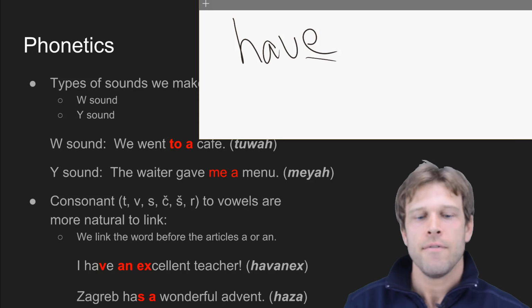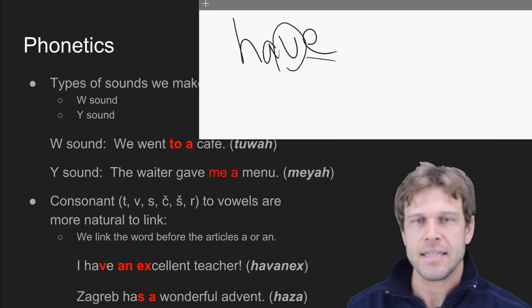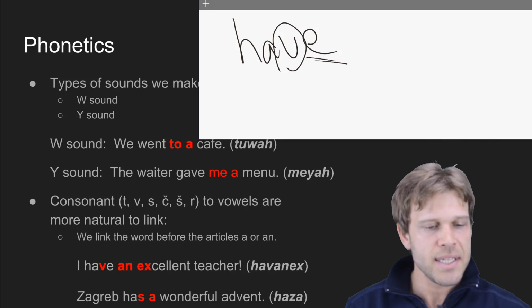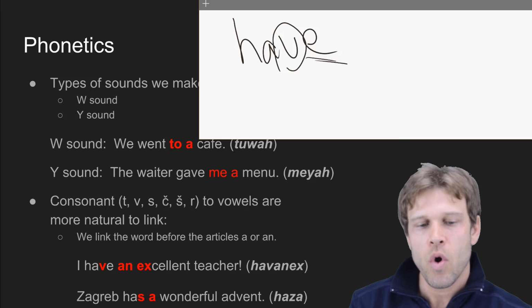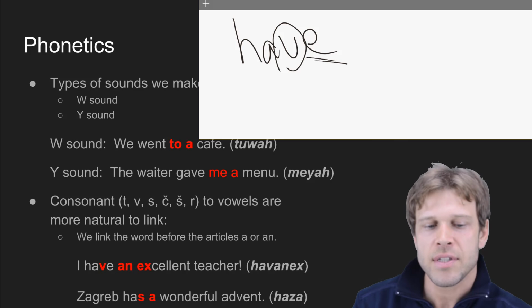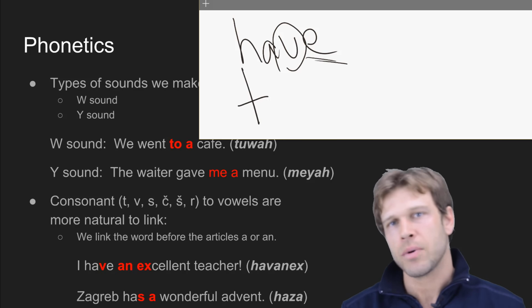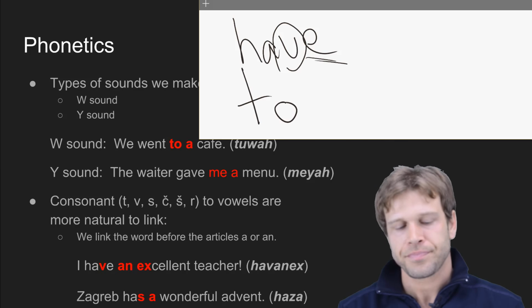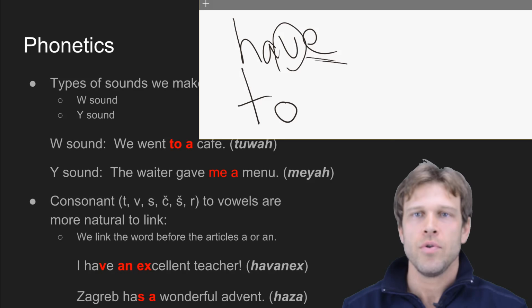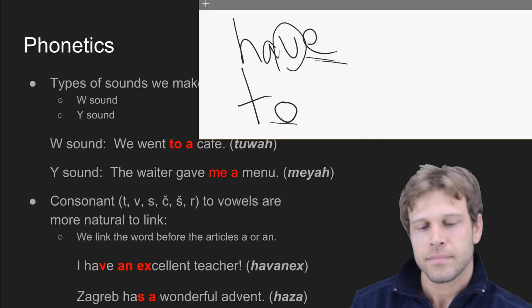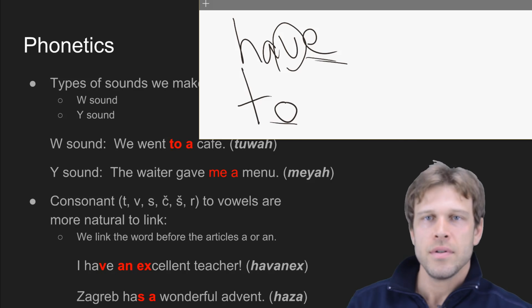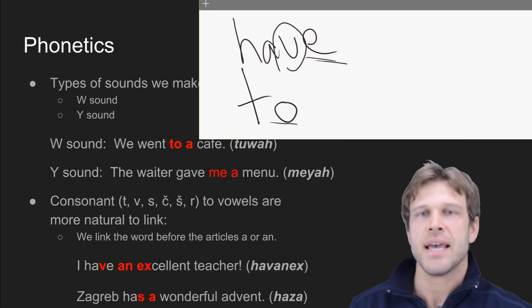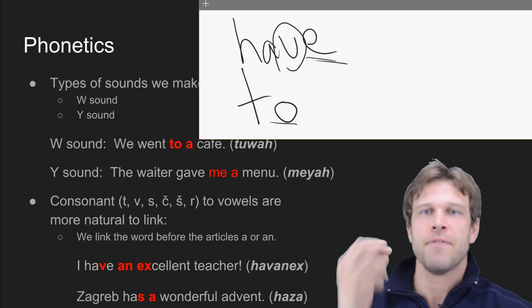Have, V. This is the sound, the V, not the E. The E is silent. So when we say vowel to vowel connections, we're talking about a word that ends with a vowel sound. Like to, okay? To ends with oo, okay? Now, in English, okay, we have two sounds we produce when we connect a vowel to a vowel, okay?